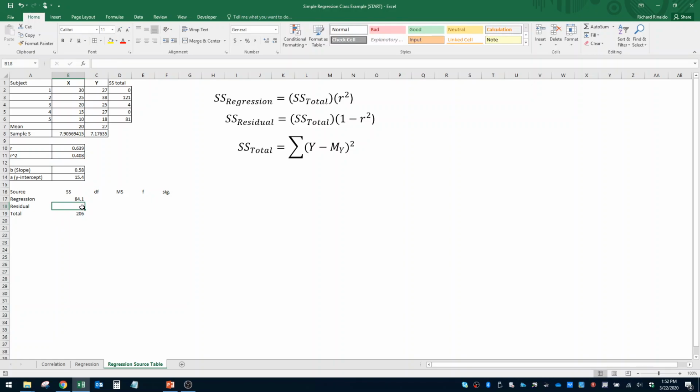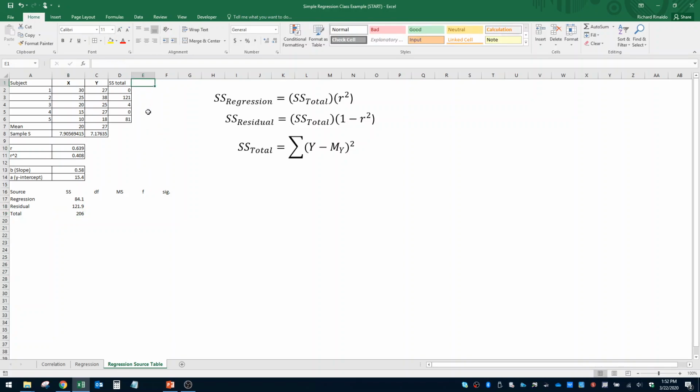The residual is equal to the total sum of squares times 1 minus the r squared.